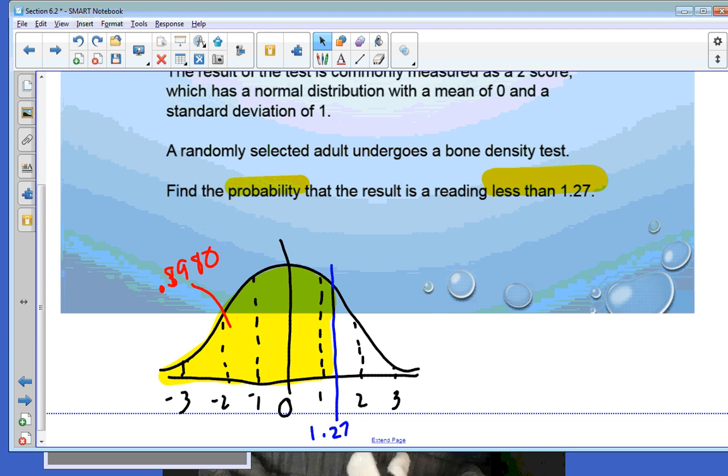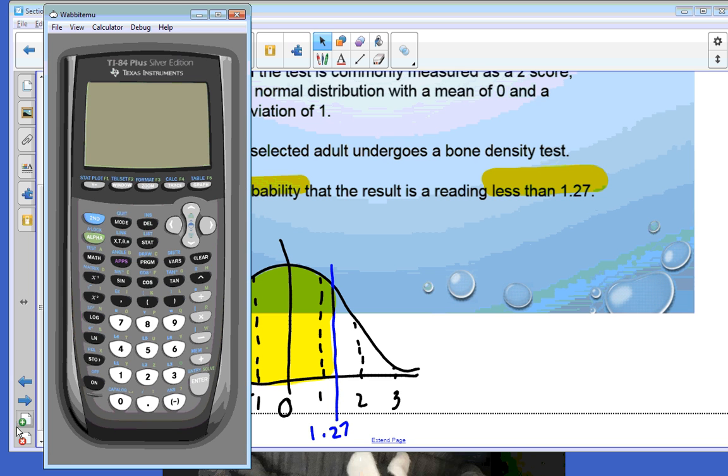So let's just check it out on our calculator. Turning that back on, I'm going to go to second distribution, and I'm going to go down to normal cdf, negative 9999. It's from far down to the left, and I'm going up to 1.27. Going to cursor down and say paste. Again, if you have a different operating system, put that in parentheses, negative 99999, comma 1.27.